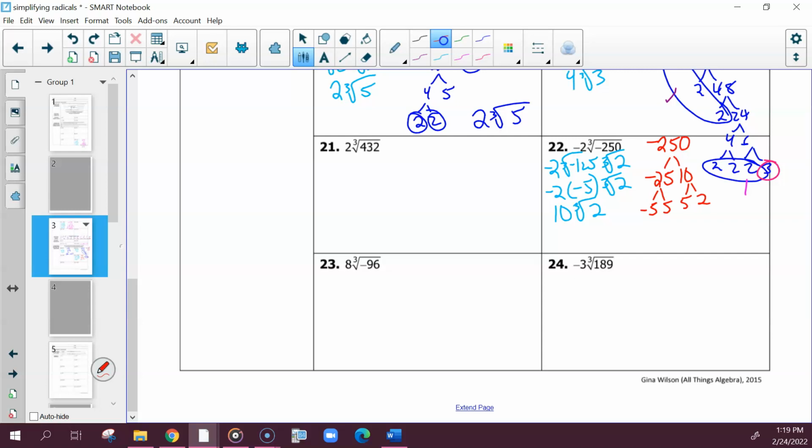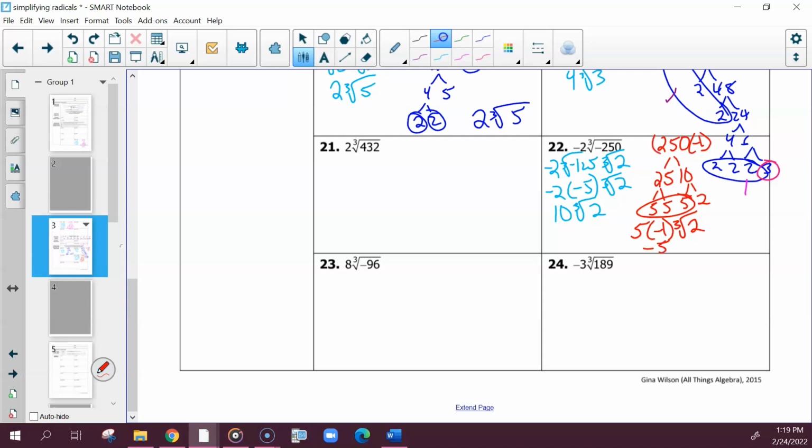If you wanted to, you could make this positive and say there's a negative 1 next to it. That way you know you're still taking out a negative, and we know we're taking out one group of 5s. So then we have 5 times the negative 1 times the cube root of 2, so negative 5.